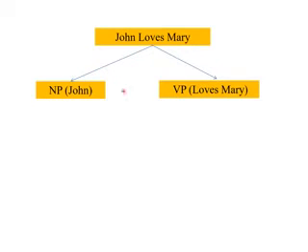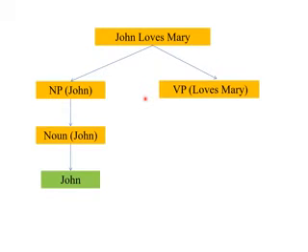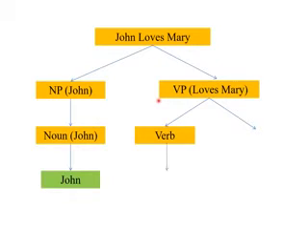Now, this noun phrase is nothing but a noun only, that is John, and that will be the terminal word. So this will be one side of the sentence, and the second part, that is the verb phrase, can again be divided into two parts. First part will be the verb, which is loves, and on the right hand side it will be the noun phrase.